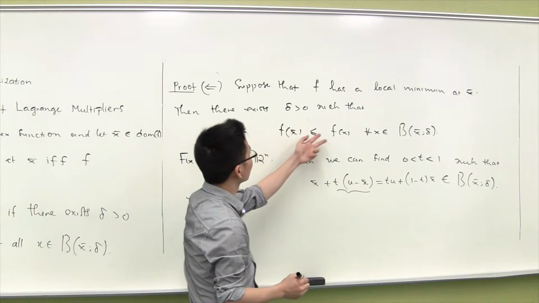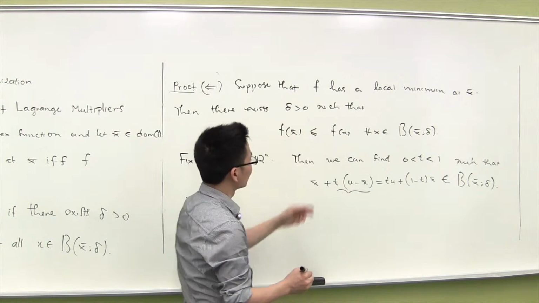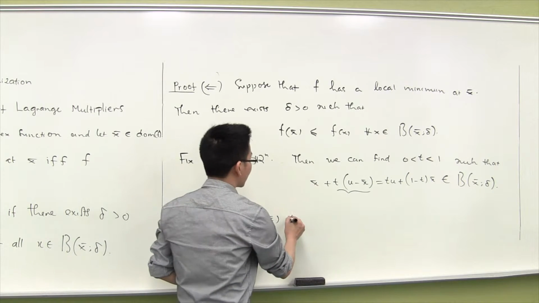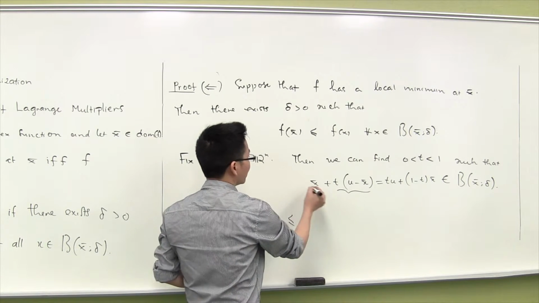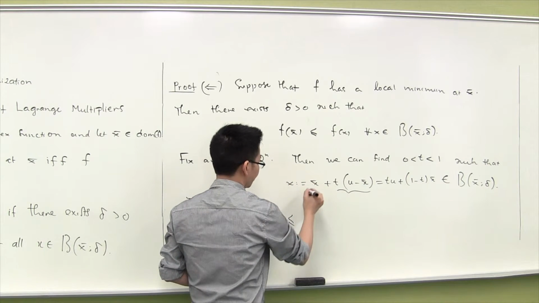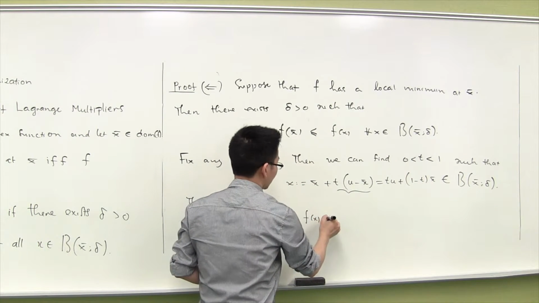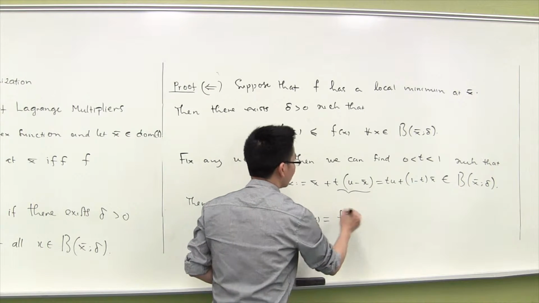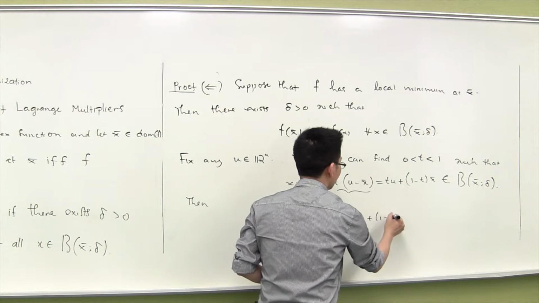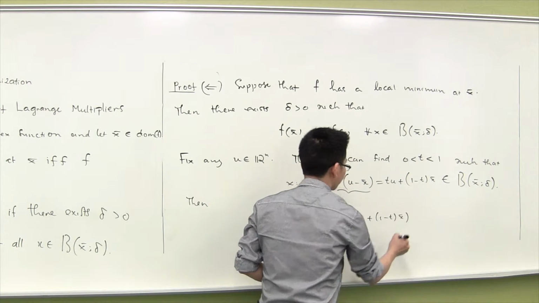Okay, so then as we see from this inequality, f of x bar is less than or equal to f of this element x, which is f of (tu plus (1 minus t) times x bar).